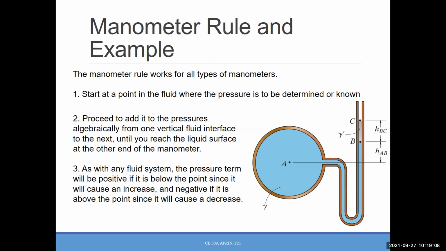Okay, that's what we will do. We will spend as much time as we need for the manometer, but we need to make sure that all of you get the idea of how to use the principle of the manometer. So if you are not getting that, just stop me, ask me multiple times. That will be the foundation for the next few classes, so it's very important that we get the idea.